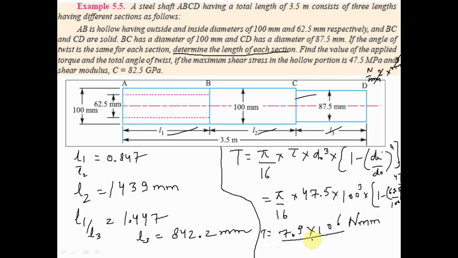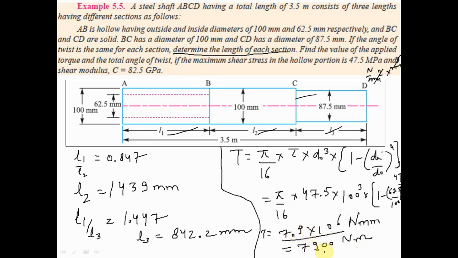Or in other words, you can also write it as 7900 Newton meters. This 10 to the power 6 I break up into 10 to the power 3 and 10 to the power 3. Then 10 to the power 3 I multiplied with 7.9, it became 7900.